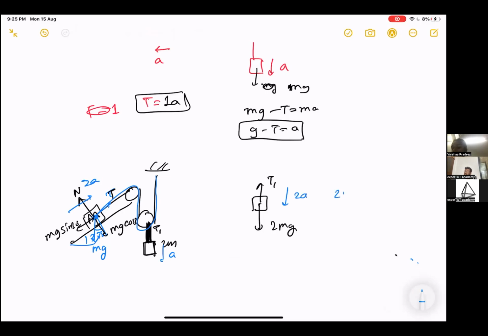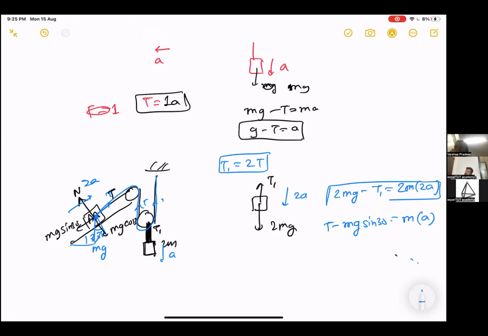So you will write for the second block 2mg minus T1 is equal to 2m into 2a. For the first block, you will write T minus mg sin 30 is equal to m into a. And when you relate T1 and T, you will get that T1 is equal to 2T. So you have now 3 equations and 3 unknowns, T, T1 and a.